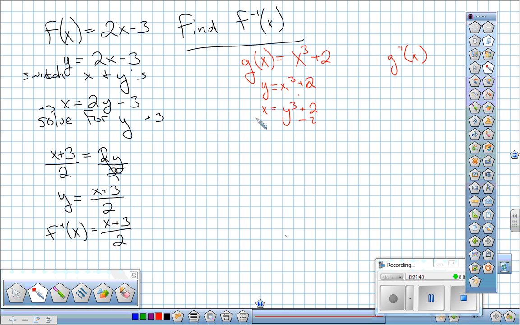Subtract 2 from both sides: x minus 2 equals y cubed. The way that we get rid of a cube is to cube root it, and I will be left with y equals the cube root of x minus 2.